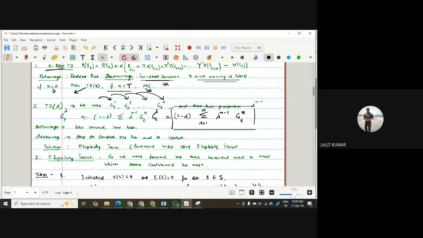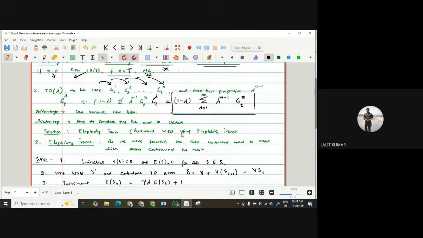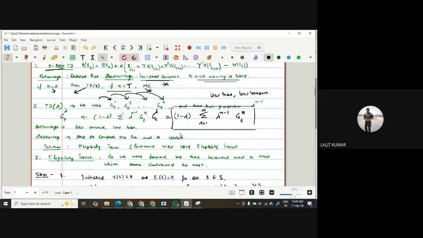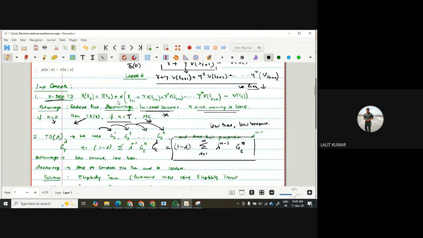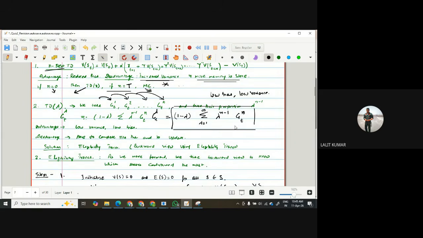The advantage of TD lambda is that it has low bias and also low variance. Whereas when we were estimating only with n-step, we had high variance. So when we do TD lambda, we reduce the variance also.